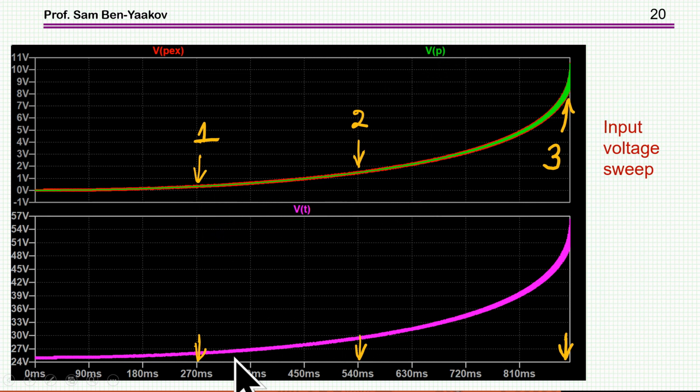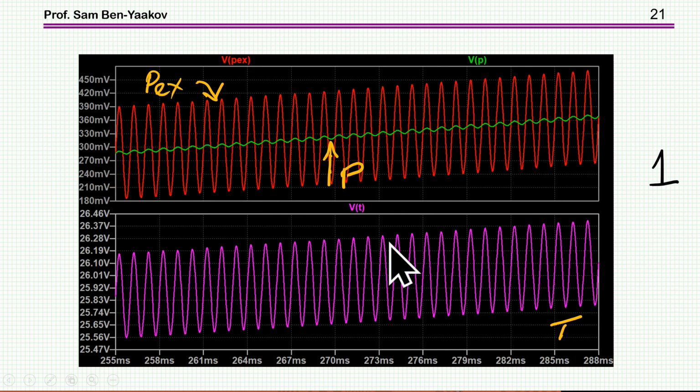This is the temperature. And of course, here they're together. I can't see very much. So I'm going to zoom into 3 points. One here, and one here. This is just about the runaway. And here it is. The red is the excitation.